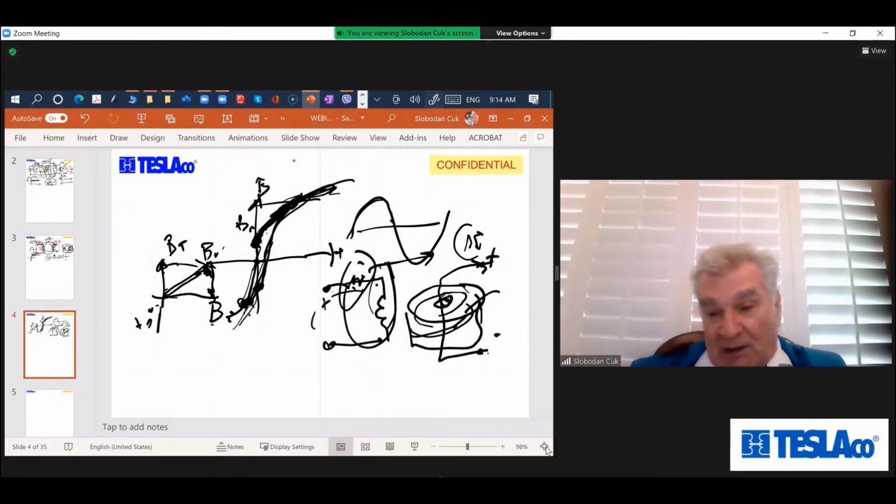But then when he made this test, he found out that two orthogonal windings do not interact. Or rather, it turned out they did.